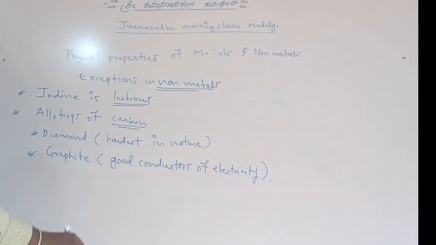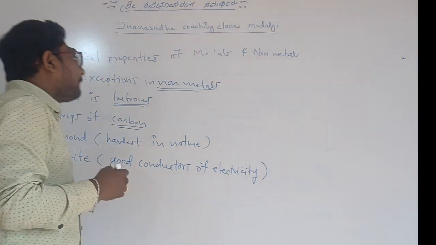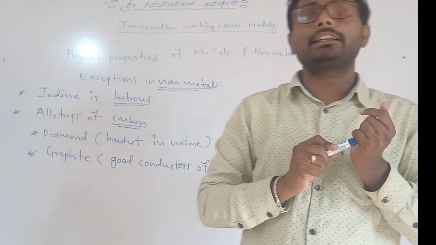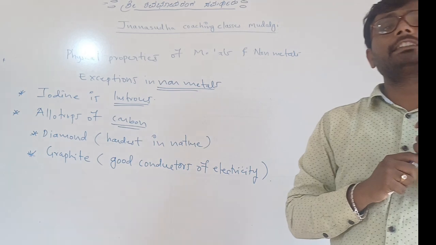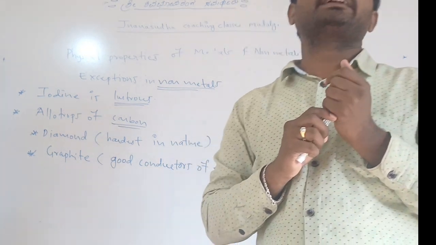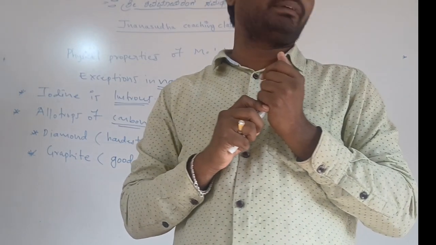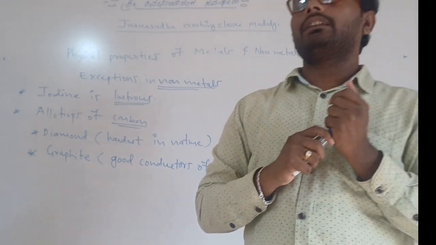Yes, these are the physical properties of metals and non-metals. Some exceptions are there. In the next class we will discuss the chemical properties of metals and non-metals also. Okay, thank you.